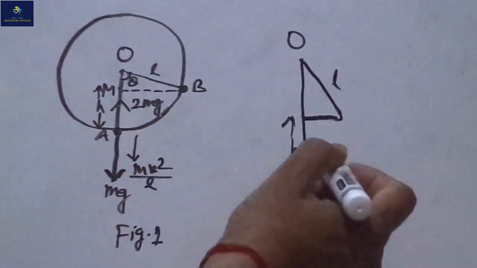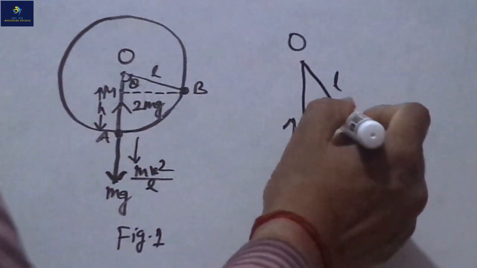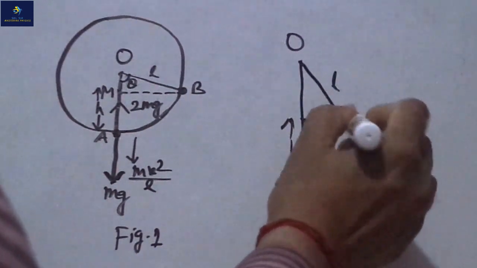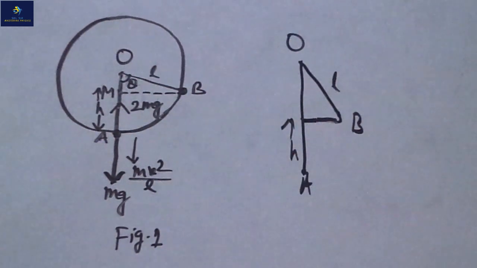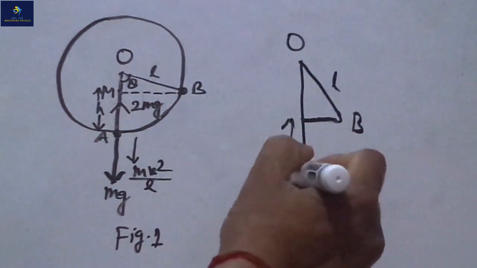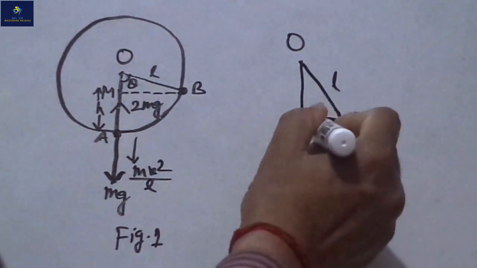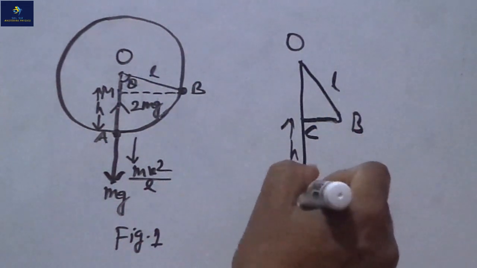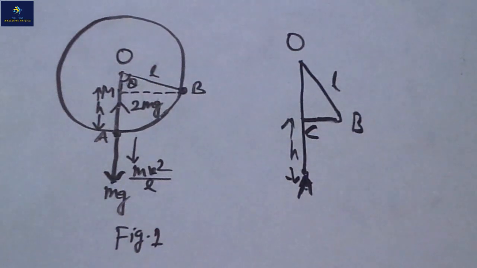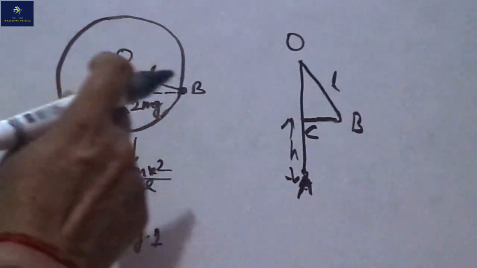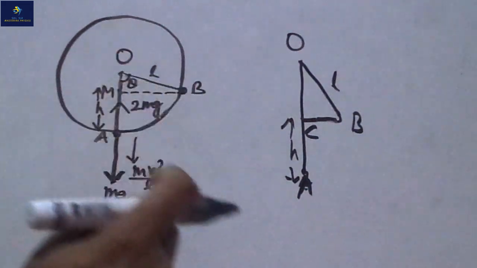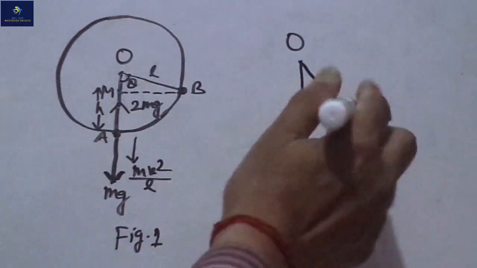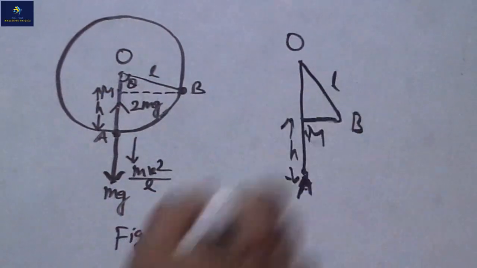So as it moves from the position A to the position B, it gains some height. Suppose this is point C, it gains the height AC.